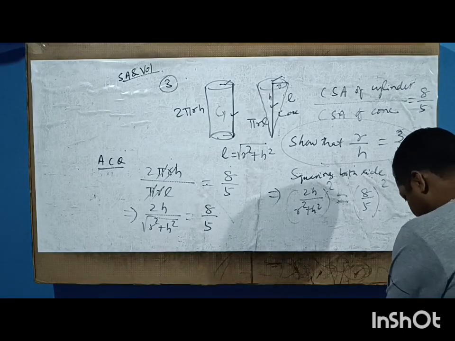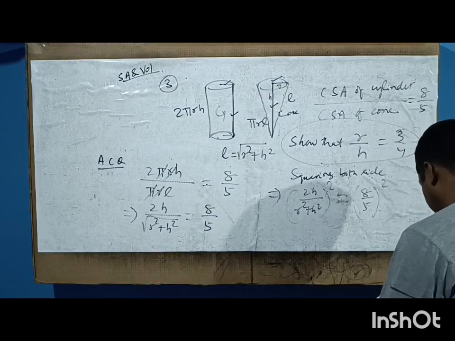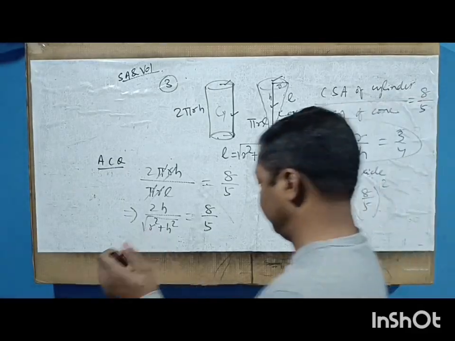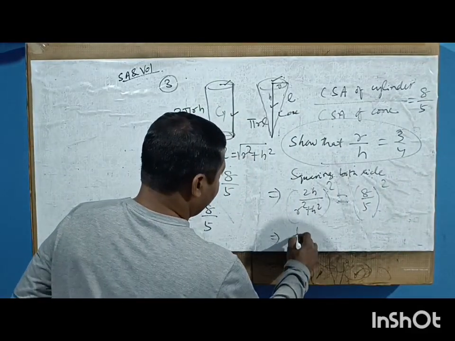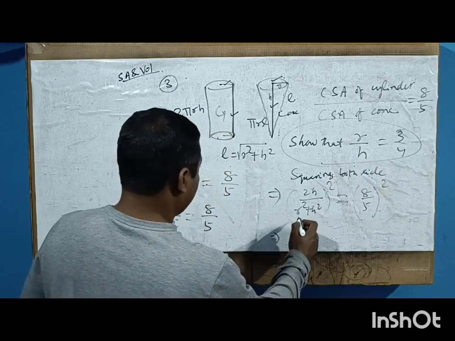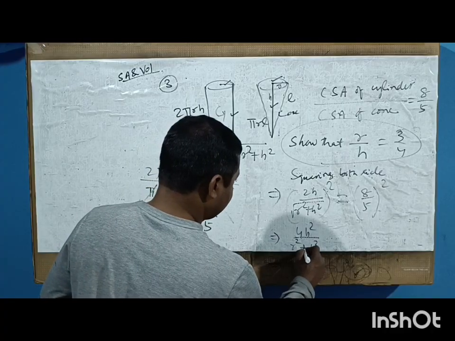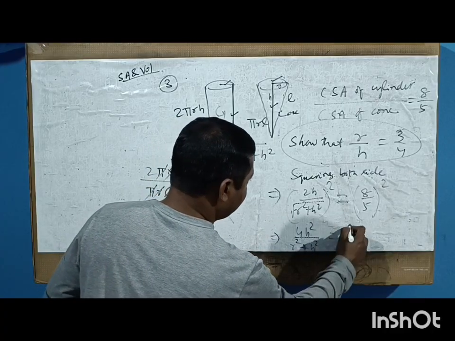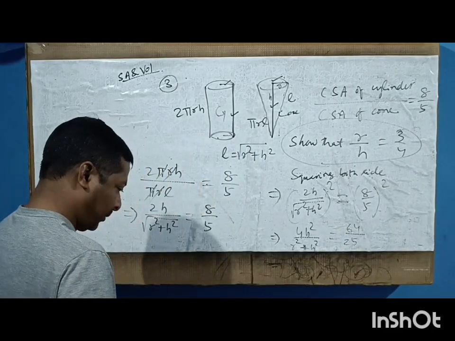Let me change the pen. Okay. So calculate now. What is 2H whole square? 4H square divided by, this root can be cancelled, R square plus H square divided by 8 square 64 by 5 square 25.